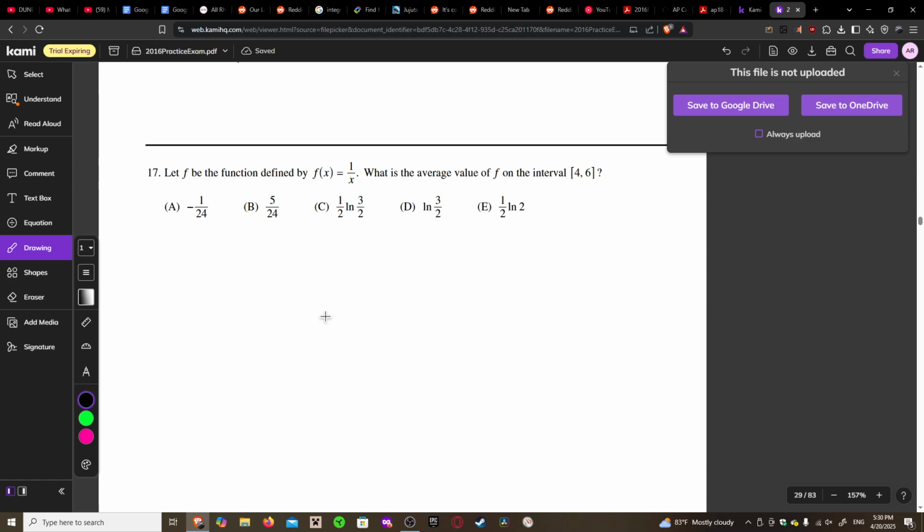Let f be the function defined by f of x equals 1 over x. What is the average value of f on the interval? It's asking me stuff. Which is just 1 over 2.